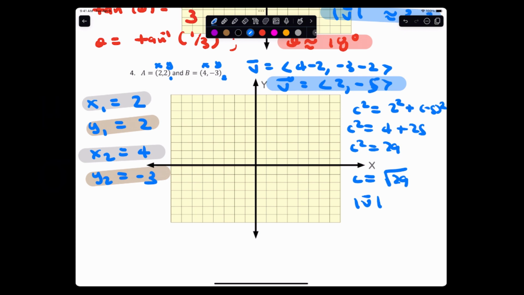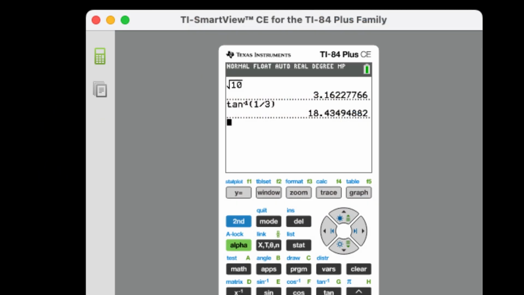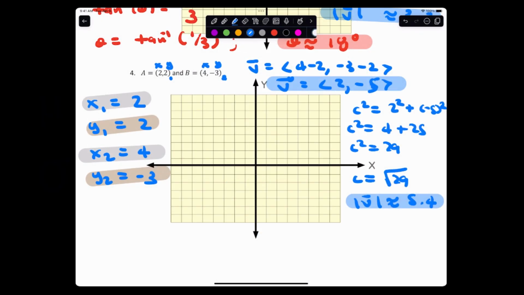Let's see what this is. Square root of 29 is 5.4. Okay, we went to the nearest tenths for the length here.